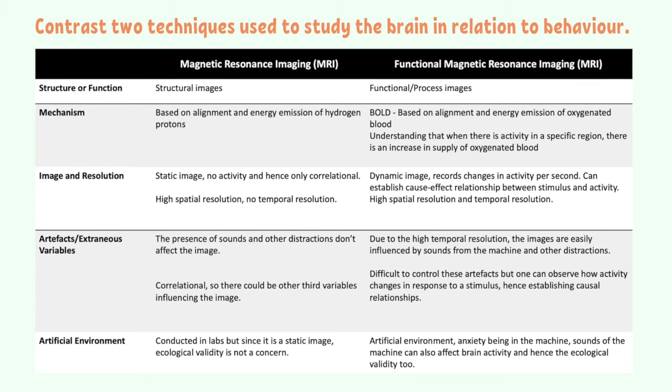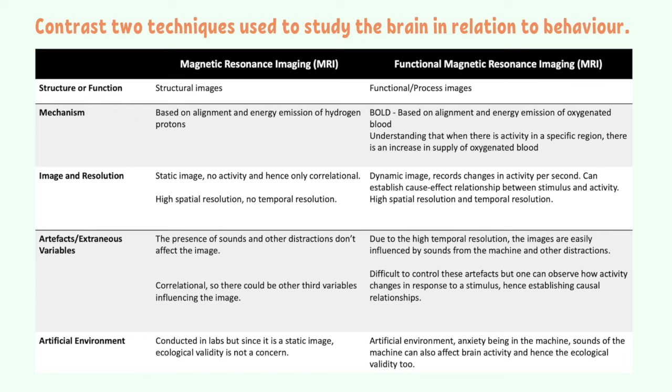So the final point is with regards to the artificial environment that both research using MRI and fMRI are conducted in. Okay, all of them are based in labs. So while the static MRI images do not raise concerns of ecological validity, because nothing in the lab environment is really going to influence the structure of the brain in that moment, right?